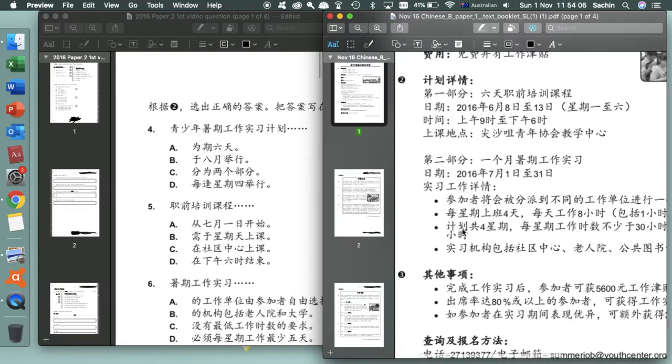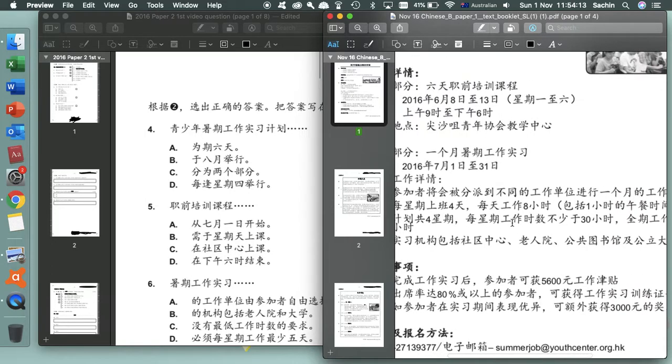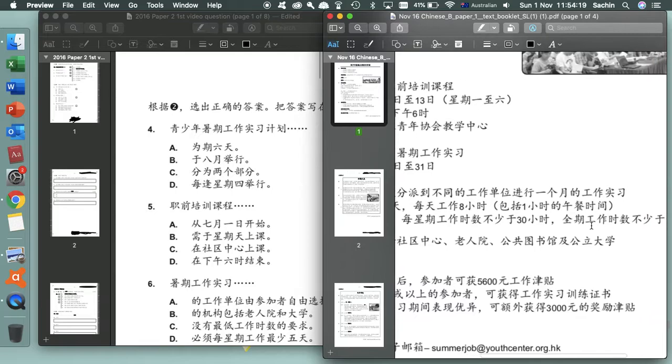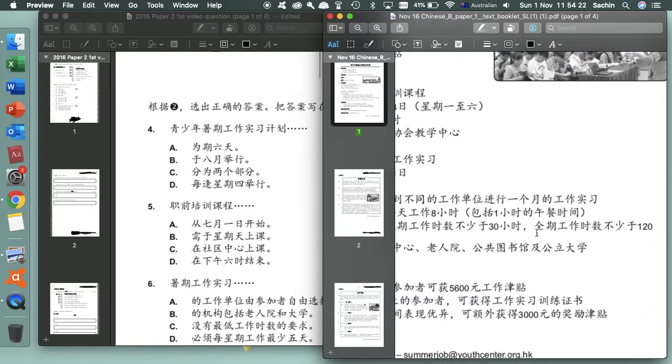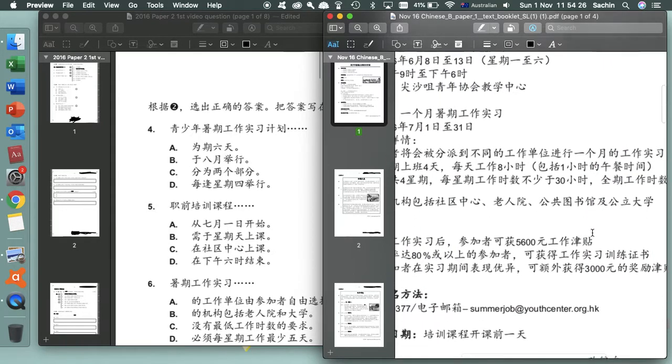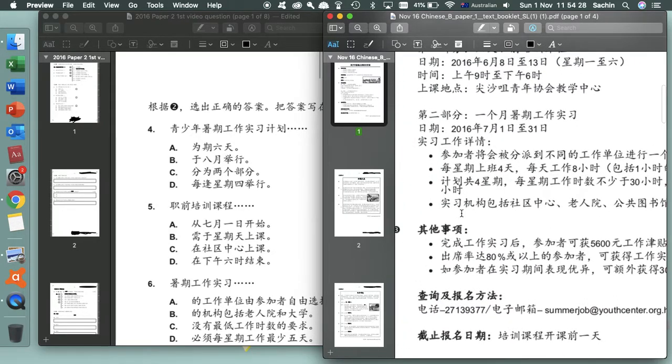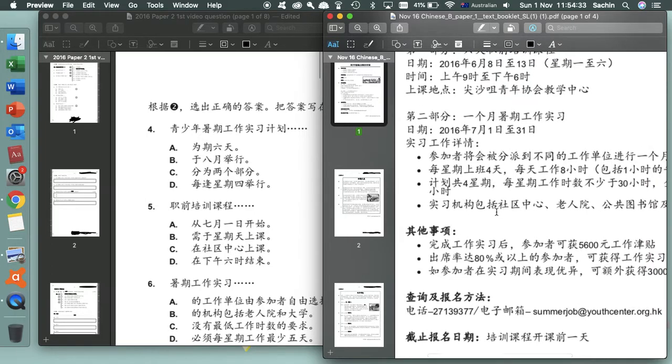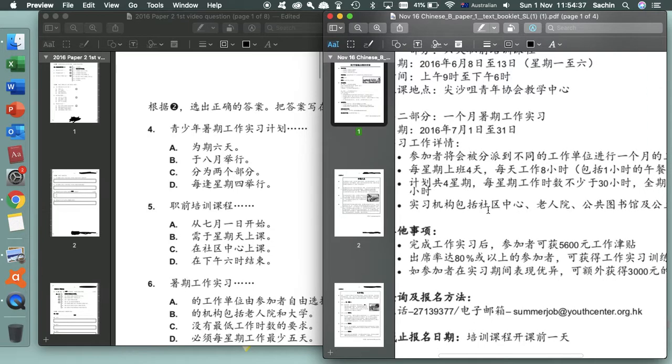Then in total for 4 weeks, every week, the work hours cannot be less than 30 hours, and then the whole opportunity cannot be less than 120 hours of work. And then we have the experience also includes like a community center.